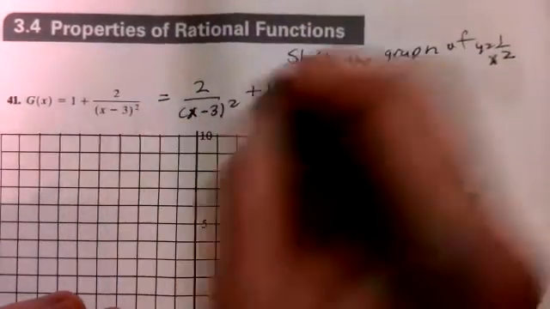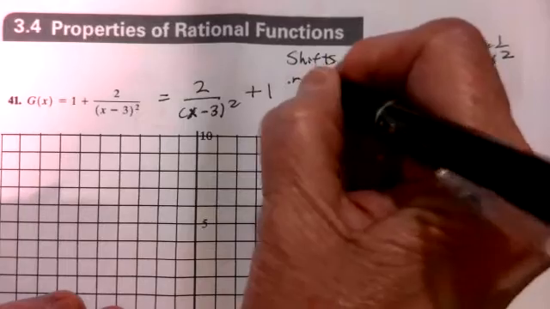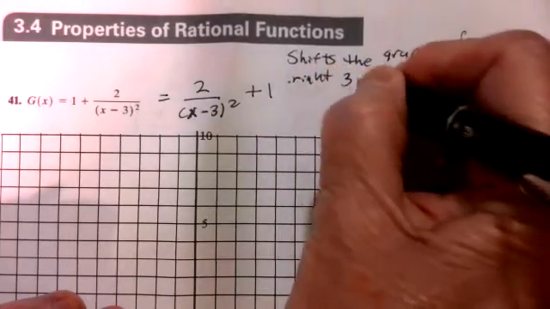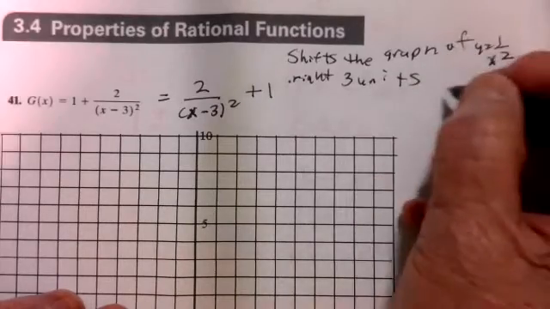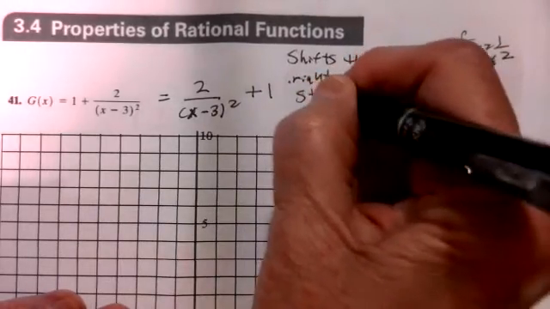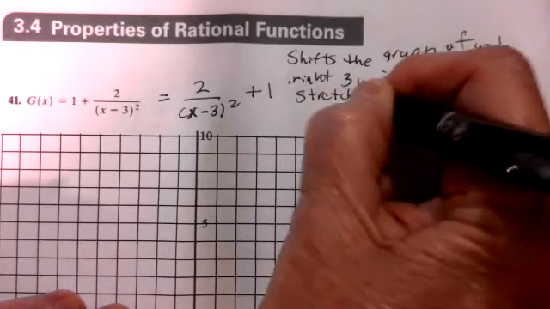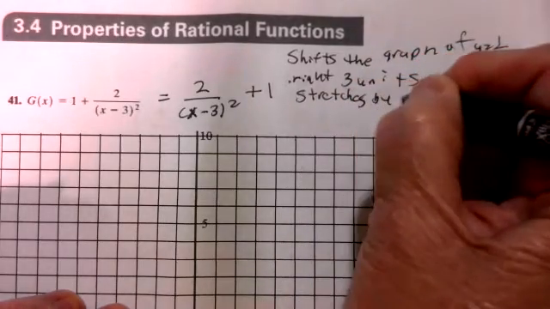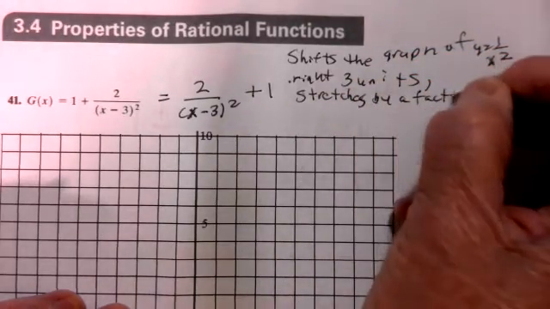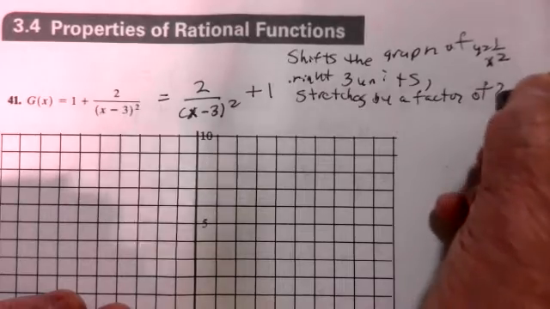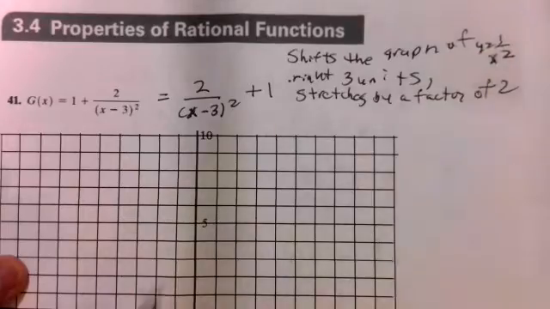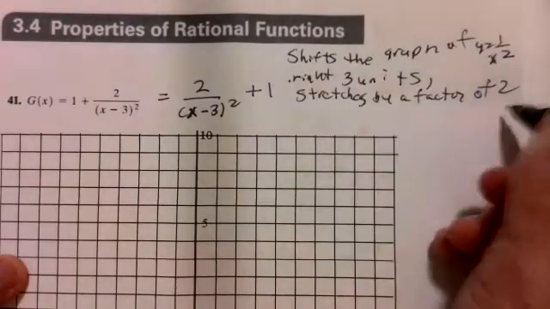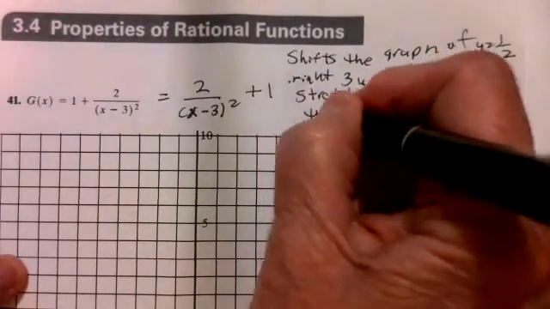Remember, this is going to shift right 3 units. And then it stretches by a factor of 2. So that just means the y values will be 2 times what they would be in y equals 1 over x squared. And then it shifts up 1 unit.